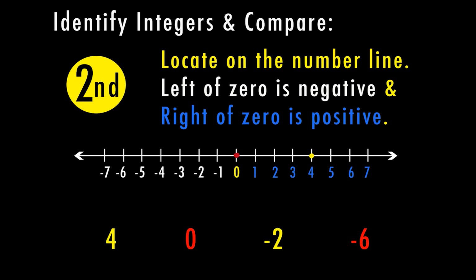Next, we're going to locate negative 2 right here. And last, we're going to locate the negative 6, which is here. Now, we want to use our number line because the next thing we want to do is compare these numbers and put them in order according to greatest and least.